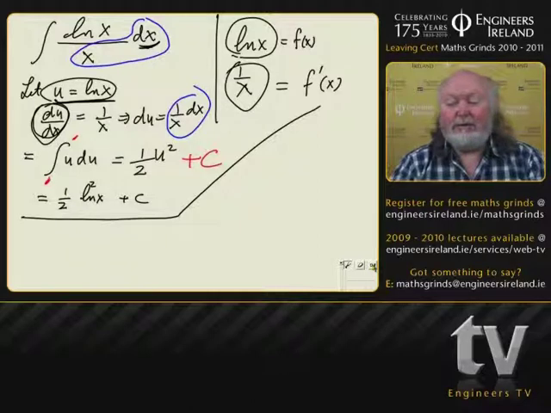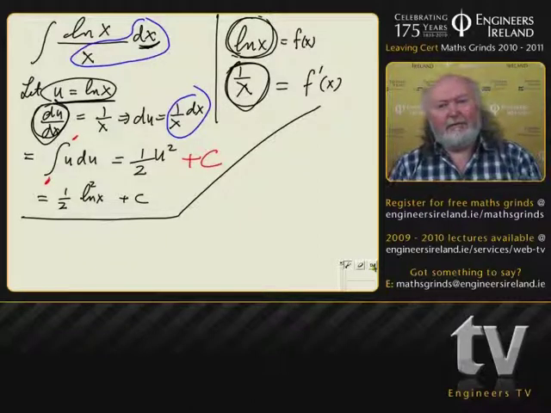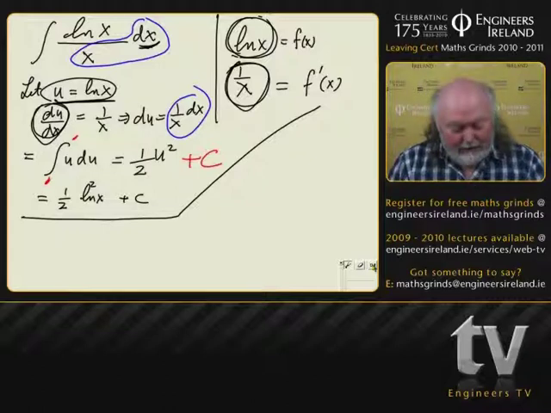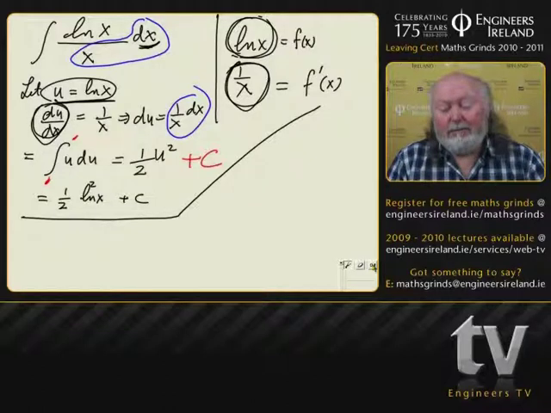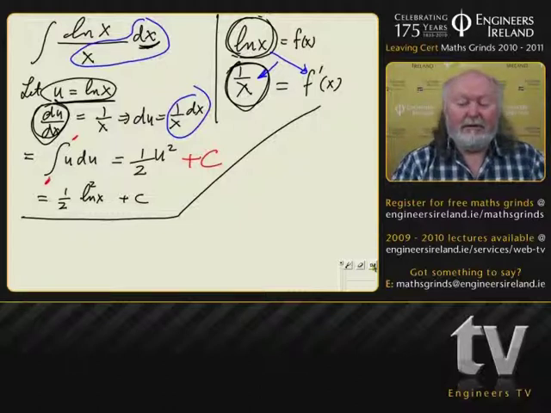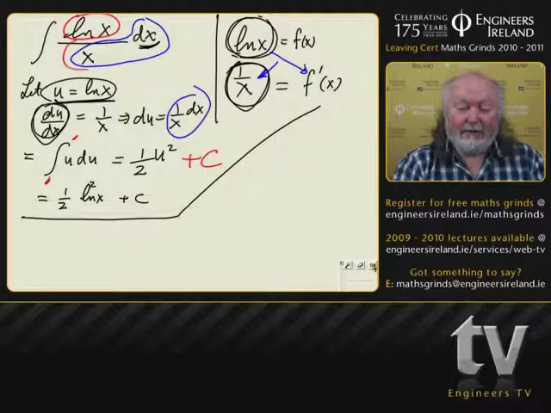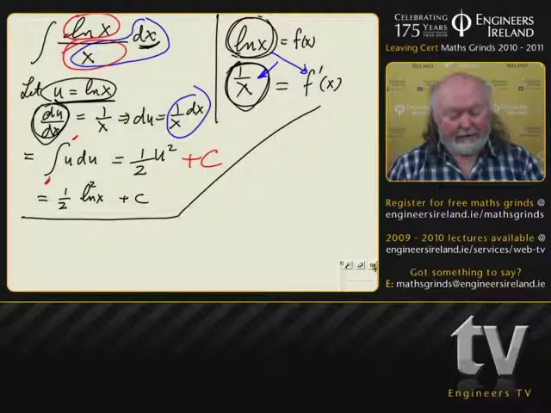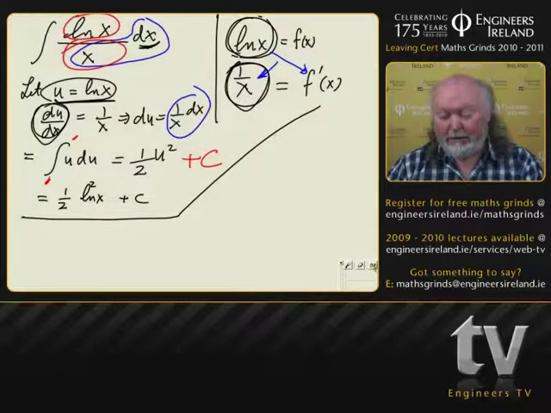So when you're faced with these two, log x and 1 over x, check what happens when you differentiate each of them. When I differentiate log x, I find the answer is 1 over x. That means I have found a link between this top one and the one underneath. So the log x is clearly the one that we pick.